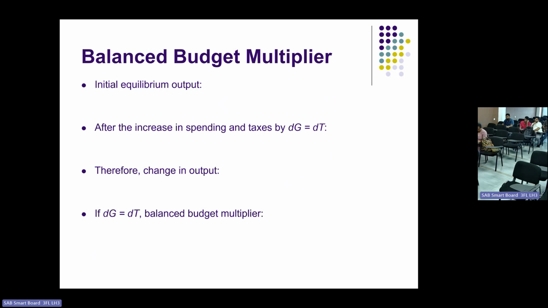Will the government raise taxes to raise expenditure? If the government wants to raise expenditure, that will be financed by raising taxes. For example, raising expenditure by 100 million is financed by raising taxes by 100 million.